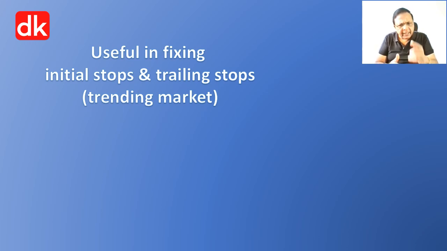So this indicator can be handy for such people. What they need is to be very disciplined. In a trending market, it works very well if they are disciplined to follow this indicator. In a trending market, their accuracy could be reasonably good.